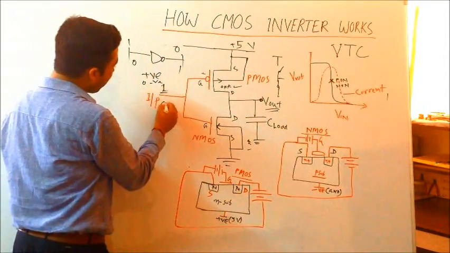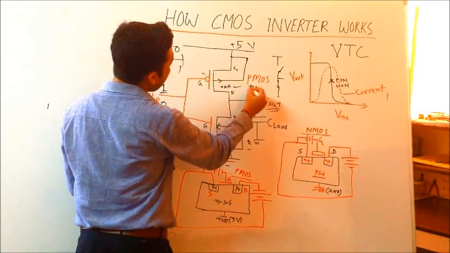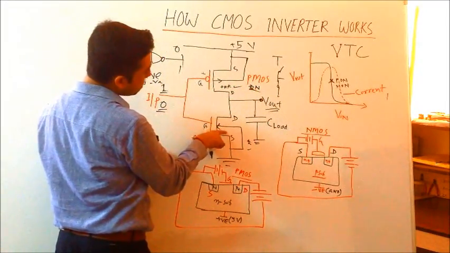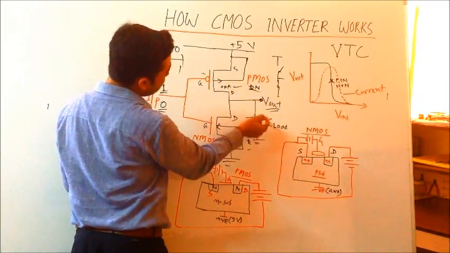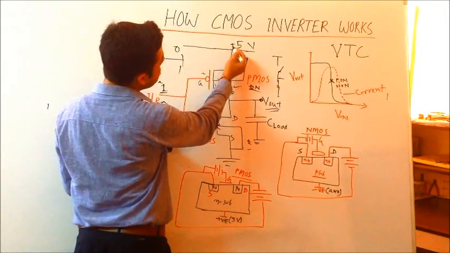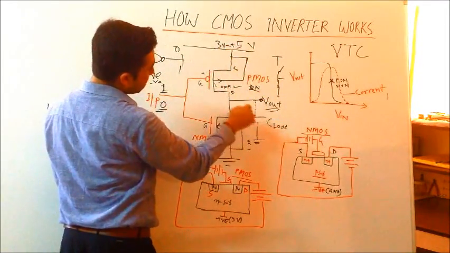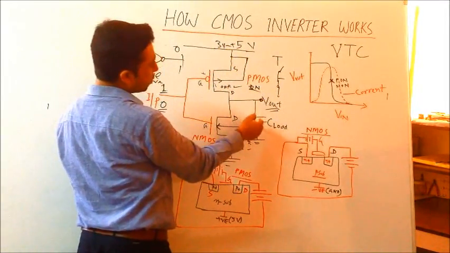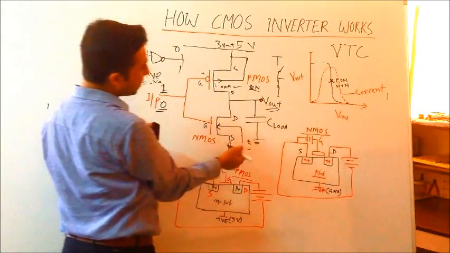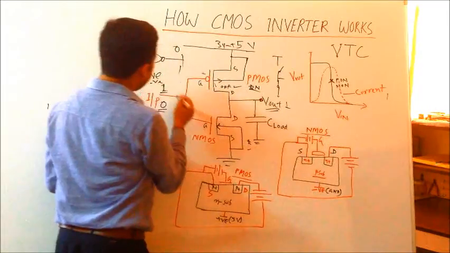If you apply 0, then this particular transistor is on and this transistor is off. When this is on, this parasitic load capacitor is connected to the power supply, whether it's 5 volt or 3 volt, and the capacitor is charged. At that time, if you calculate the voltage of the output, you get the higher voltage, which is considered as 1.